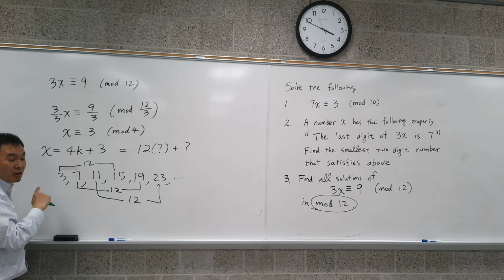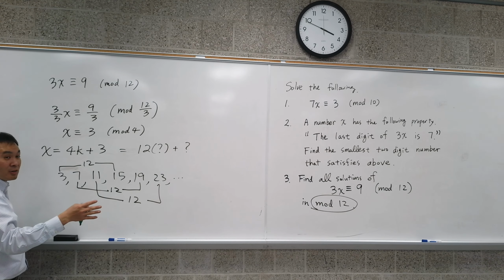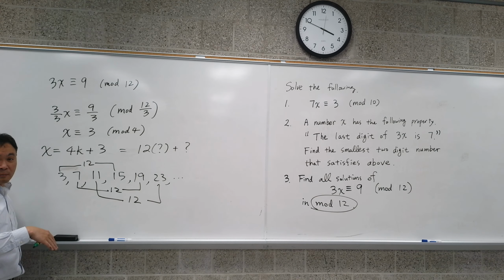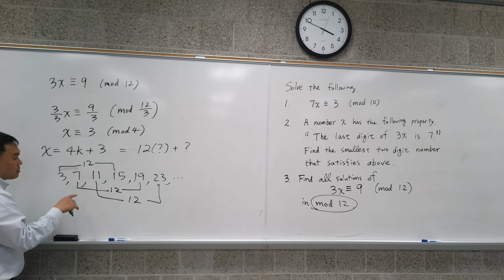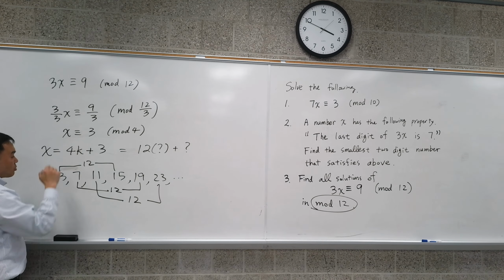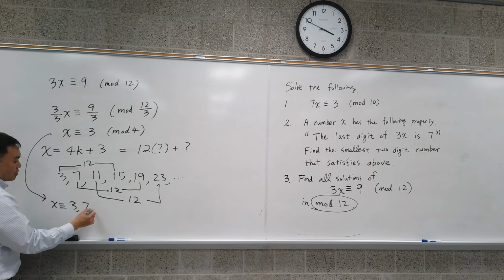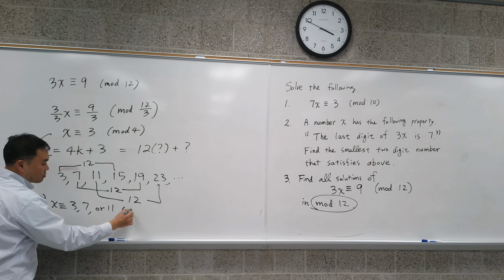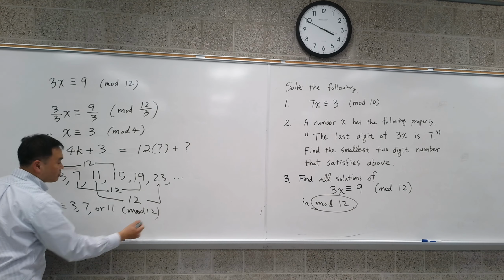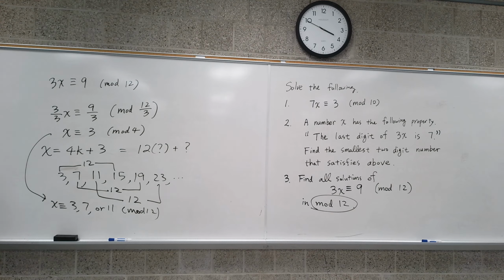Any two numbers that are some multiple of 12 apart will be congruent in the mod 12 system. So that means this is one way to view that the correct solution is x is congruent to 3, 7, or 11 mod 12. Okay, so that's one way to view what's going on.